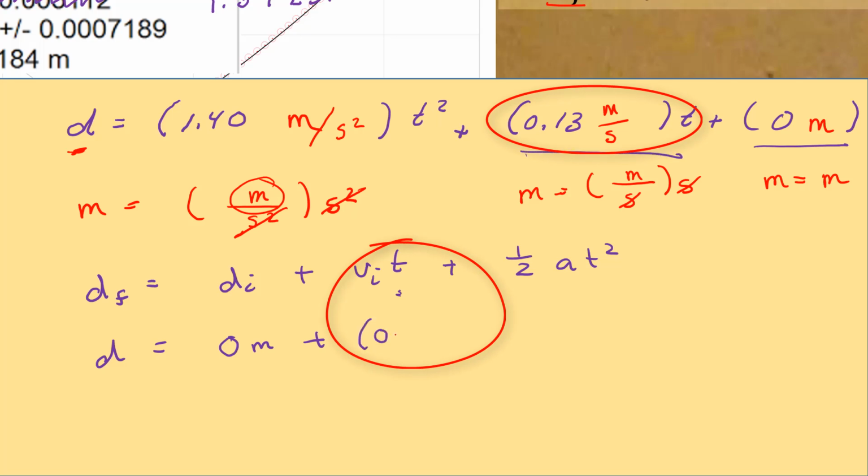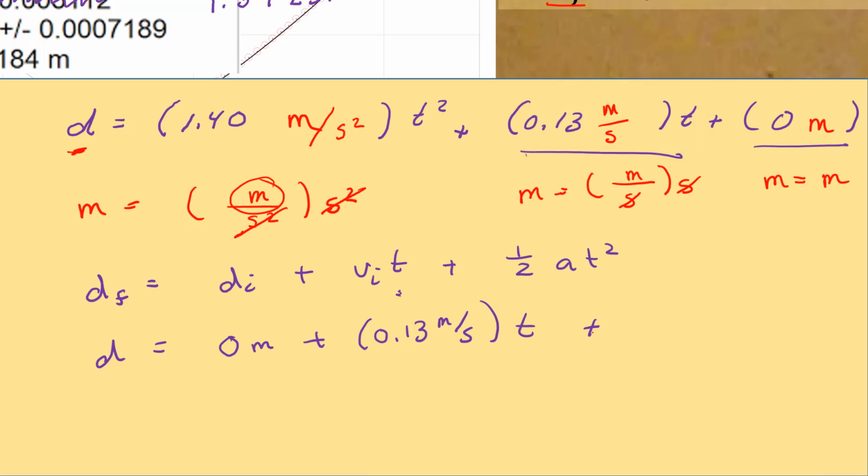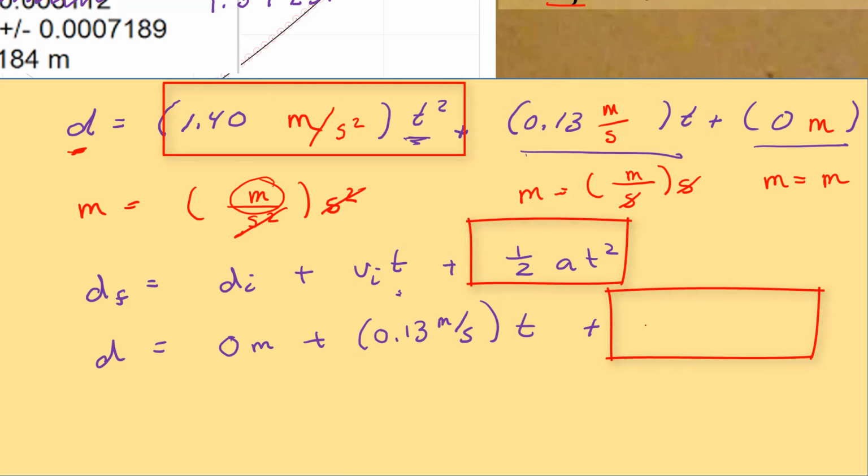So that'd be 0.13 meters per second times t. Plus, I'm going to put my term that has just a t squared in it next. So that would be 1.4 meters per second squared times t squared.